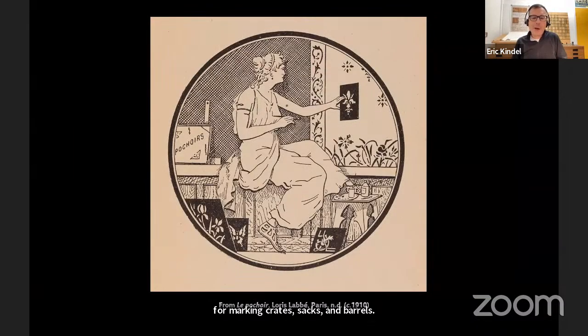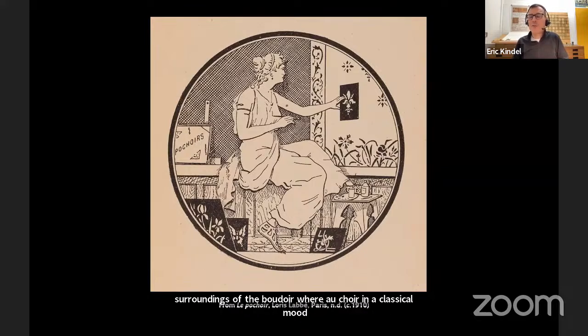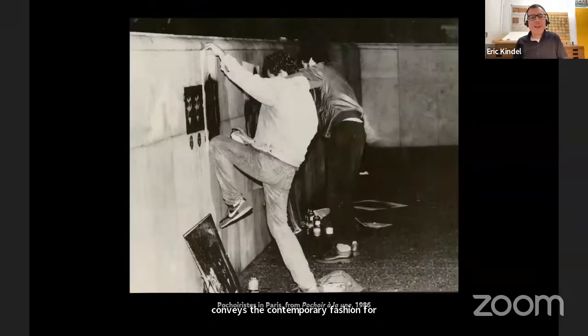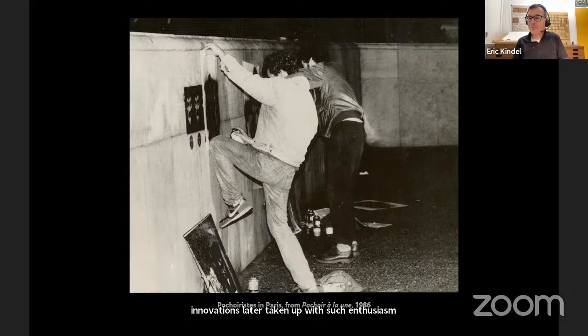Still in France, we shift now to the fragrant surroundings of the boudoir, where pochoir, in a classical mood, conveys the contemporary fashion for stenciling interiors. And from there to the streets of Paris, where urban painter-decorators are busy making street art innovations, later taken up with such enthusiasm by graffitiists in Britain and in many other parts of the world.